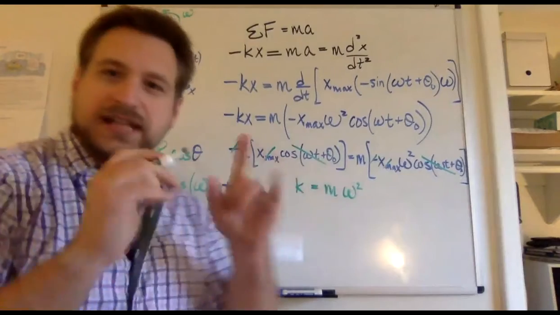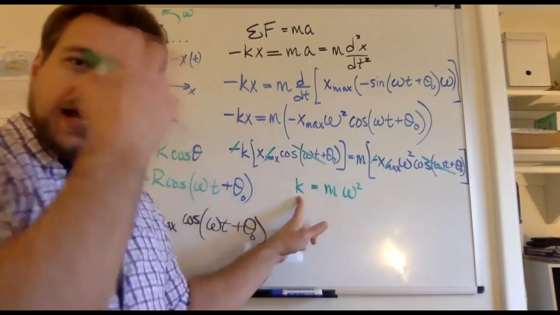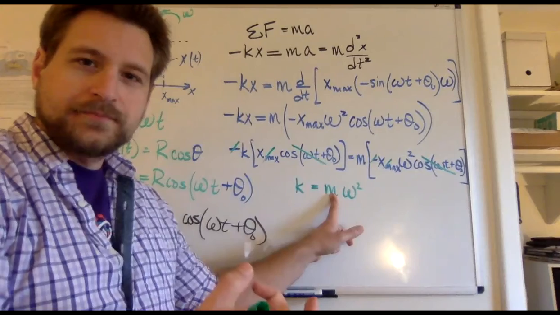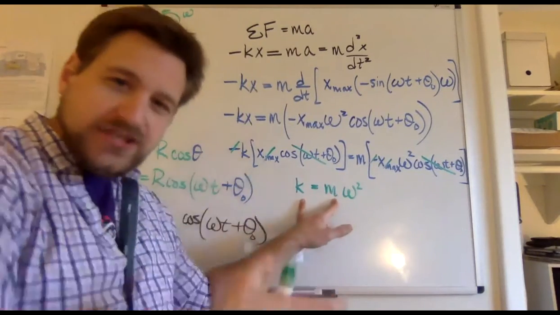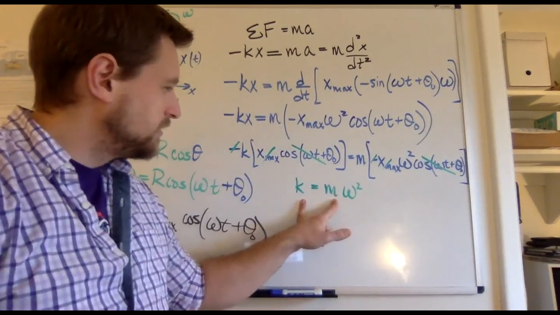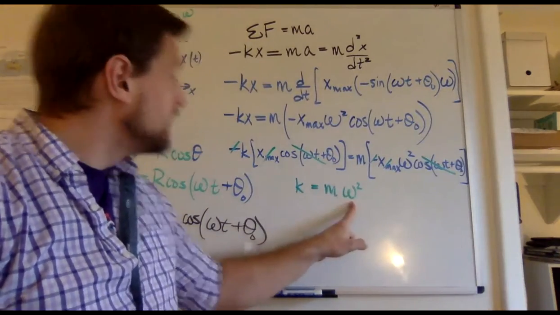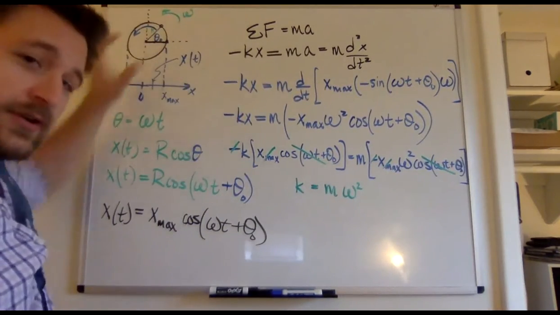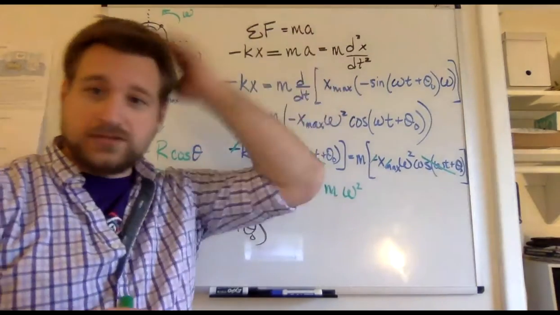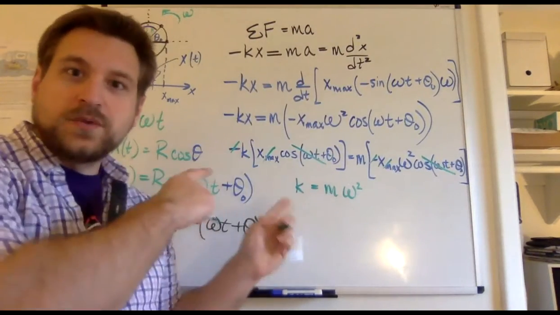This equation relates the parameters of the spring and the mass hanging on it, of our actual physically real oscillation, to the angular velocity of the imaginary circular motion that we're thinking of in Plato space up there somewhere. This is what we need.